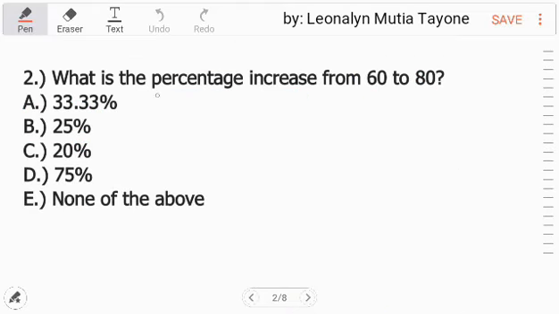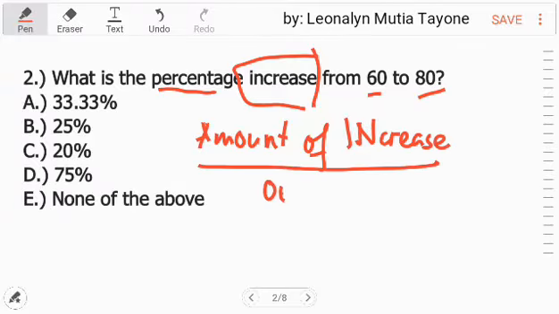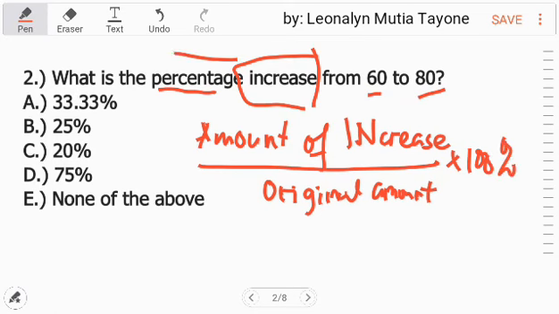Number 2, what is the percentage increase from 60 to 80? Again, amount of increase. Amount of increase over original amount times 100% kasi percentage ang hinahanap dito.